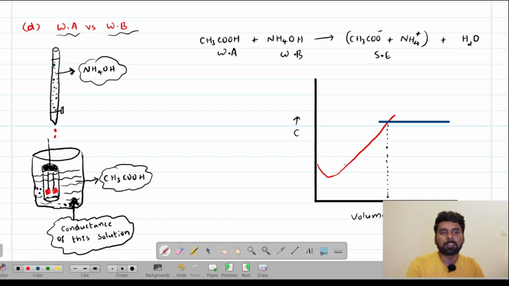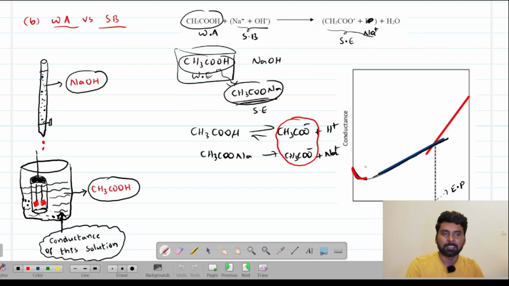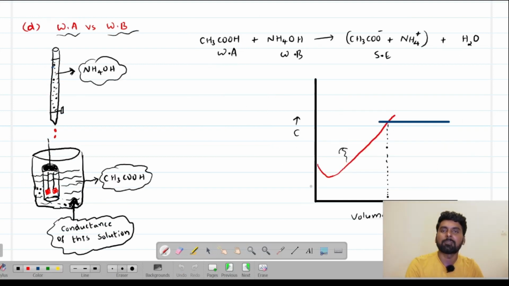What is happening during the titration? Definitely two lines will be there. When you see this red color line, is it similar to the line which you have seen in the titration of weak acid versus strong base? See this line and the line that you are seeing right now, both of them are the same.